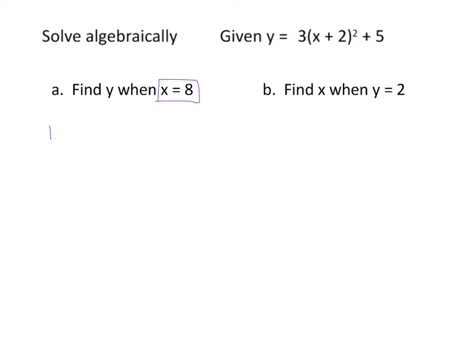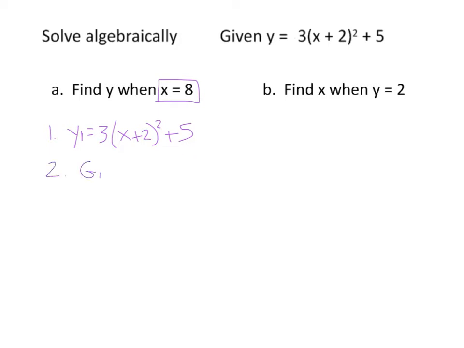So again, a quick reminder, we're going to go into y equals or y1 equals on our calculator, and we're going to type in 3 times the quantity x plus 2 squared plus 5. Again, do not put this number 8 in here when we're typing it in. Just type this in for y1.